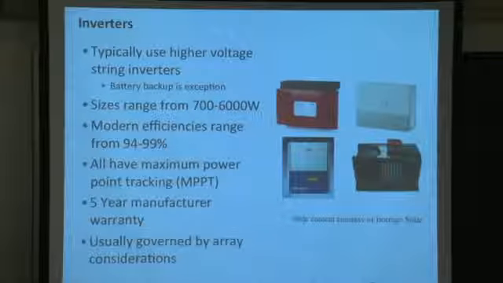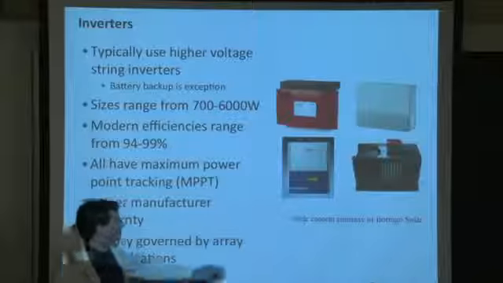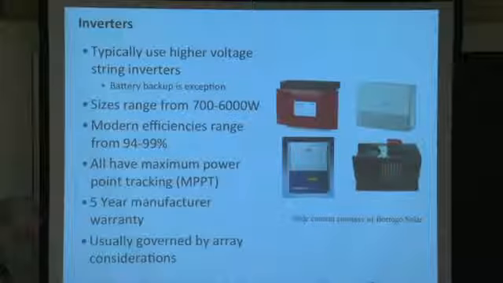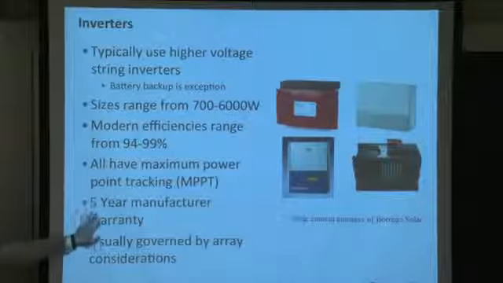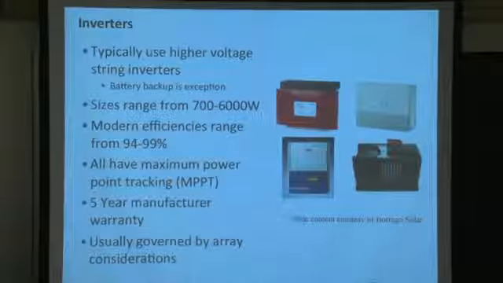And that way you're producing the maximum amount of power that you could be potentially under any given illumination condition. So a lot of fancy electronics goes into the inverter. I really have to give them a lot of respect in that regard. Typically a 5 to 7, maybe even 10-year manufacturer warranty.